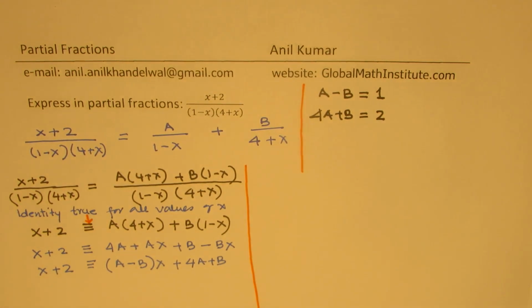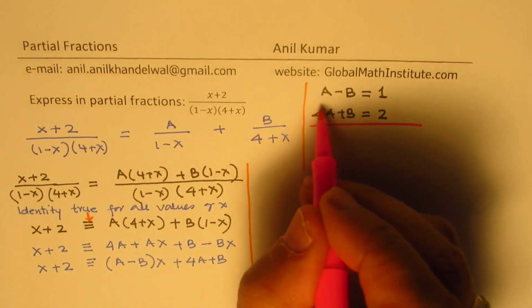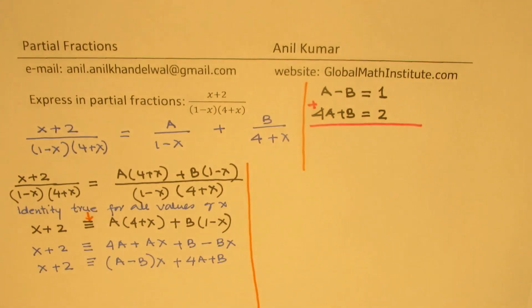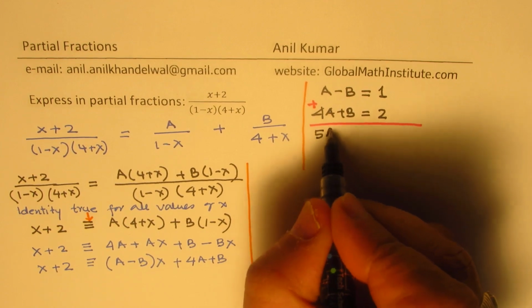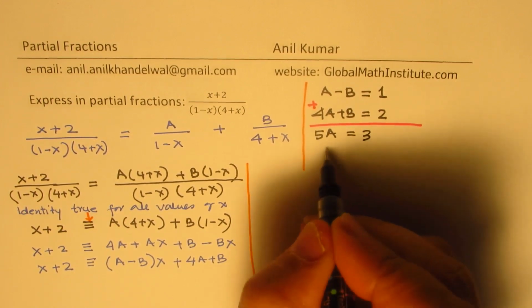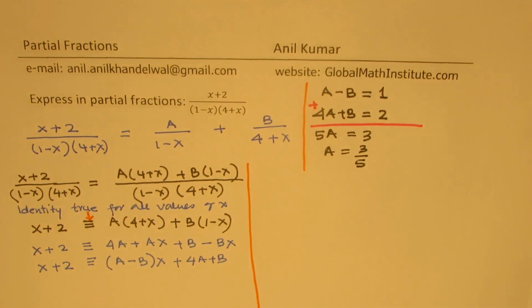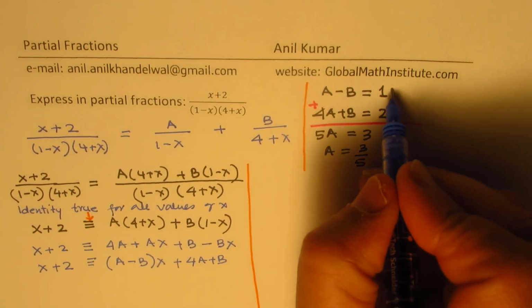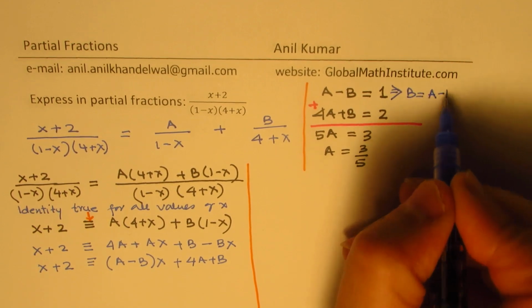Now, if you add these equations, right, in that case, you get 4a plus a as 5a equals 3, or a equals 3 over 5. Well, you also see that a minus b equals 1 really implies that b is equal to a minus 1.